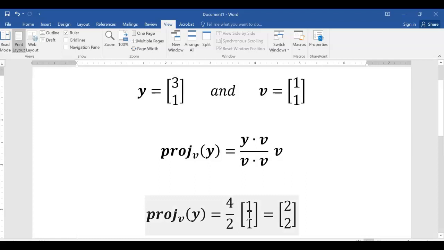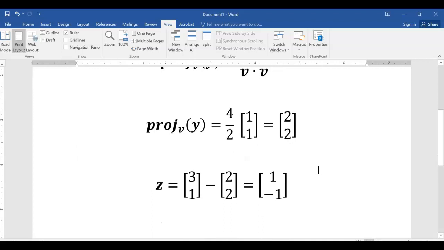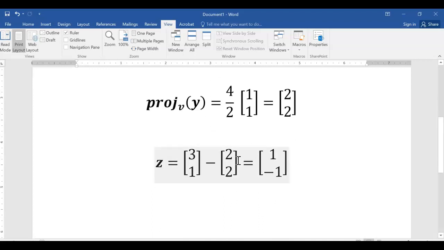So 4 over 2 times the vector (1, 1) gives (2, 2), the projection of y onto v. And the component z, which is orthogonal to v, is (3, 1) minus (2, 2), which is (1, -1).